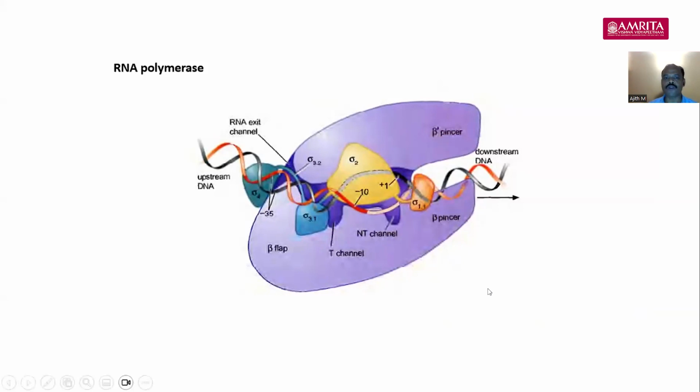Now the structure also shows you the DNA is opened up. The process is called as melting. If everything is fine, if the polymerase, the sigma factor has gone and attached to the promoter correctly, and if everything is ready, the DNA is opened up. I'm not going deep into how it opens up and so on.